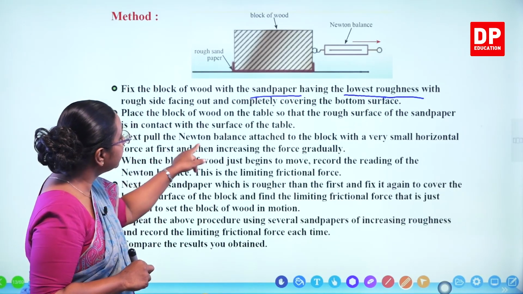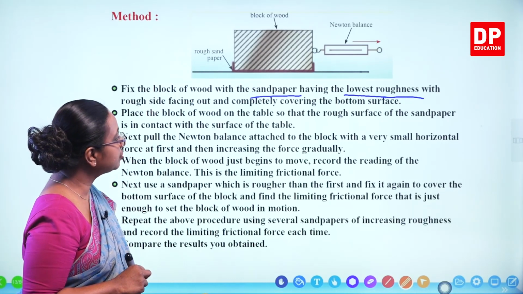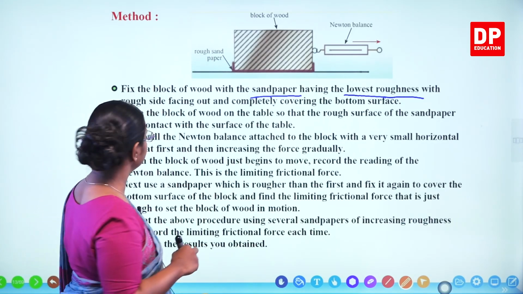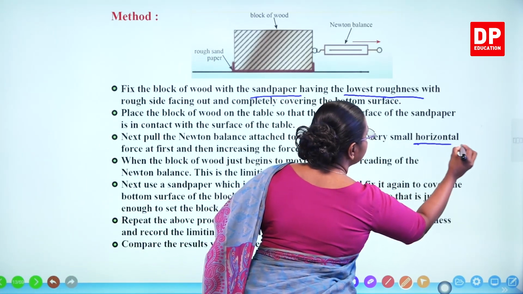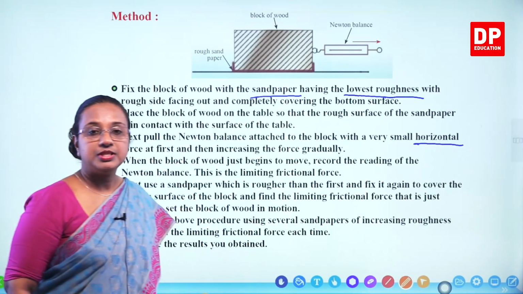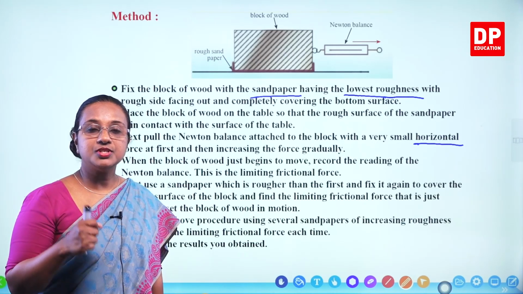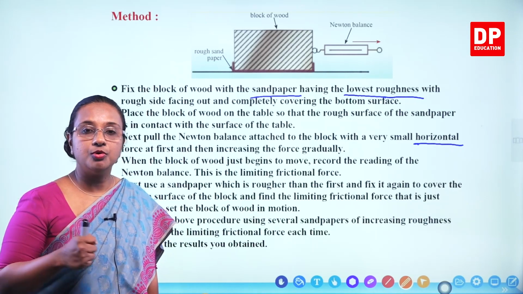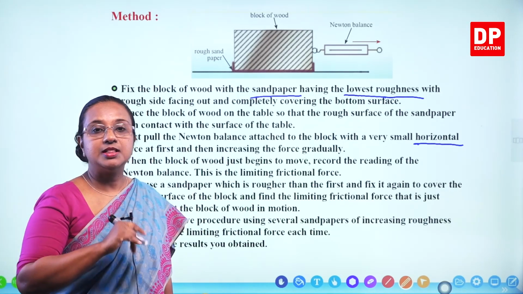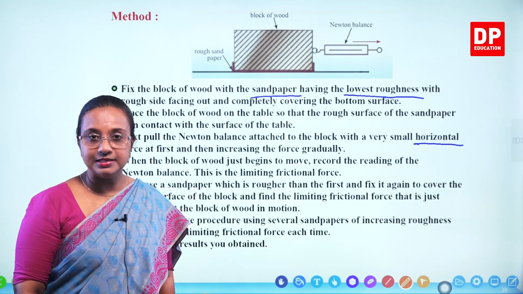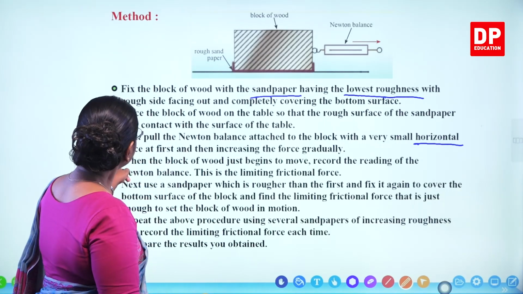Next, pull the Newton balance attached to the block with a very small horizontal force. So this I have told you all, the horizontal force is to make the block move horizontally without moving in any other directions.